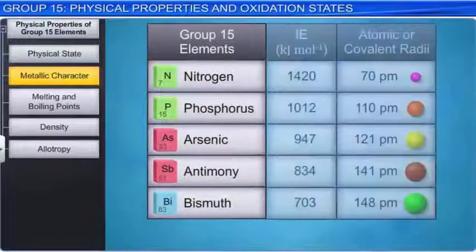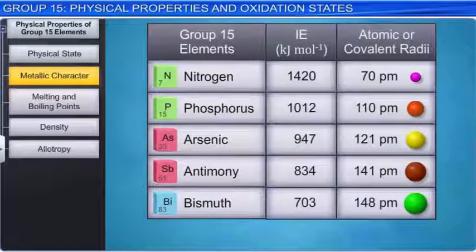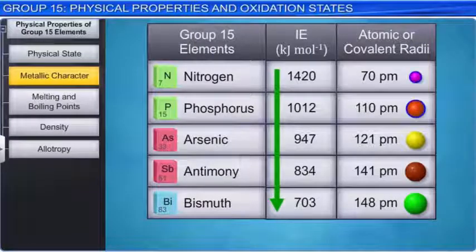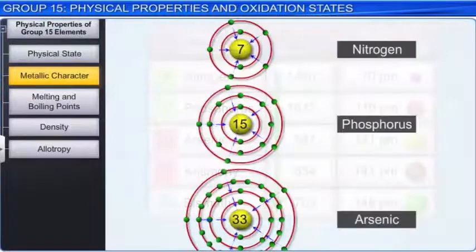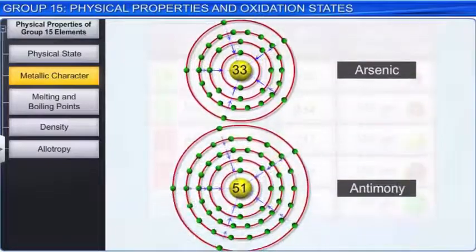As you move down the group, the ionization enthalpy of the elements decreases with an increase in their atomic size. In other words, the effective nuclear force of attraction on the valence electrons decreases down the group.